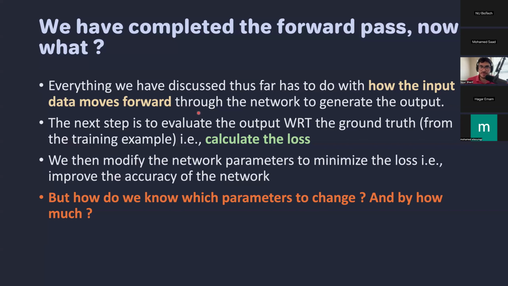So the next step, if you recall, in the bigger picture of the network, is we take this output that we just calculated from all the steps we discussed, and we compare it with respect to the ground truth. In the training examples, whether these are regressions, where we give it some features and these features correlate to a certain number, or it's a classification, where we give it an image and a label attached to the image, the model outputs a prediction, and then it compares this prediction to the actual label on the data.